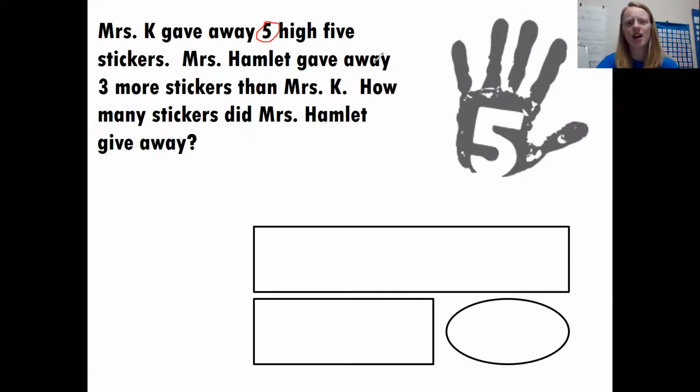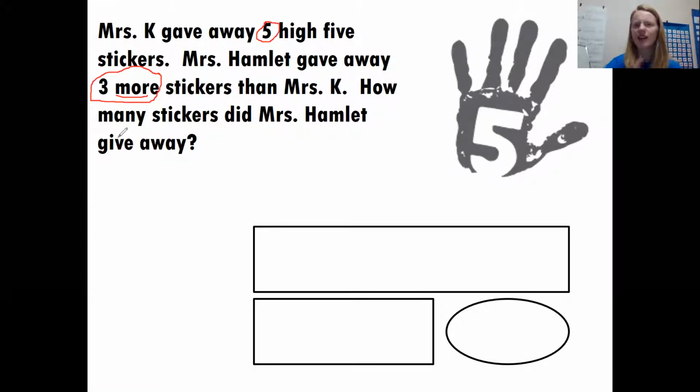Mrs. Hamlet gave away 3 more stickers than Miss K. Is that saying that Mrs. Hamlet gave away 3 stickers? No, it's saying that Miss Hamlet gave away 3 more stickers. So who gave away more stickers, me or Miss Hamlet? Miss Hamlet, because it says Miss Hamlet gave away more stickers. How many stickers did Miss Hamlet give away?